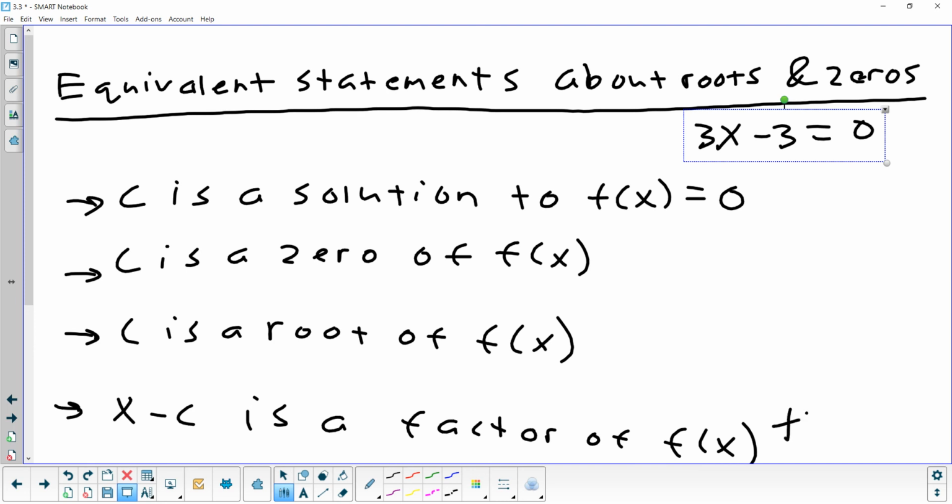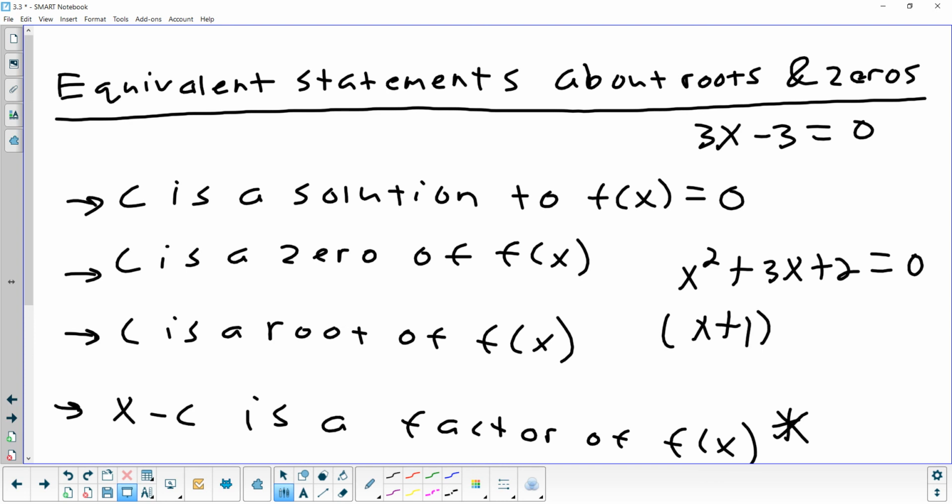But this one is important. If you have something that is a root, then x minus it is a factor. And think about it, if I just made up something, a simple quadratic, that would factor as x plus 1, x plus 2.